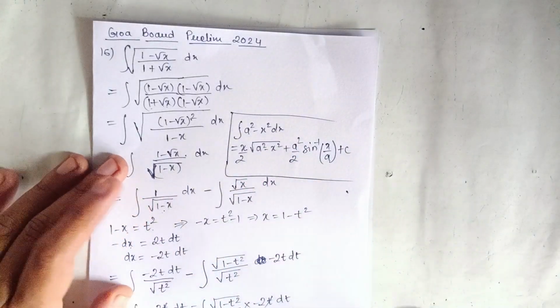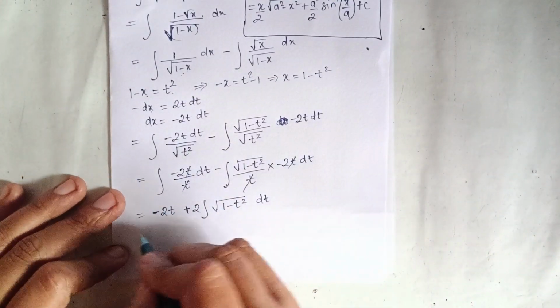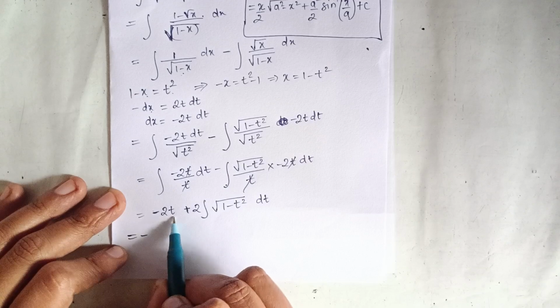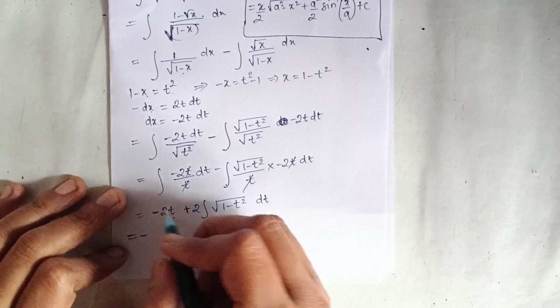Okay, this formula you have to use. So our a is 1 and x is t. Here you can substitute t. t we had taken as root of 1 minus x.